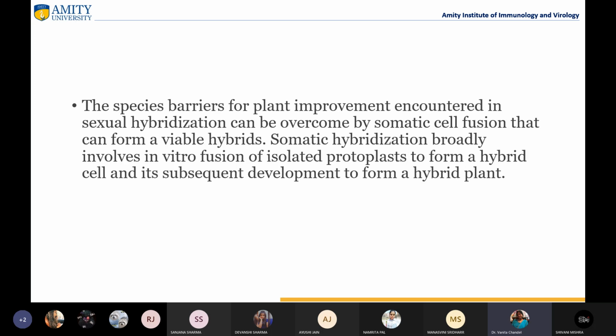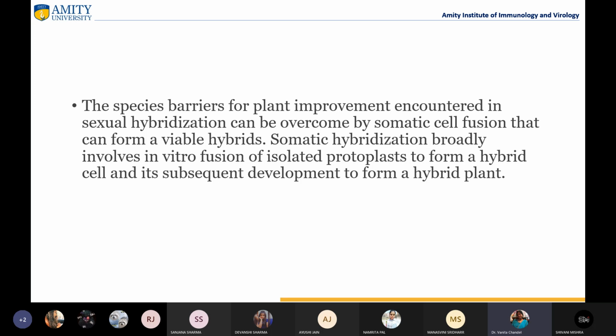Sexual incompatibility happens when we do that in the natural environment. The species barrier for plant improvement encountered in sexual hybridization can be overcome by somatic cell fusion.